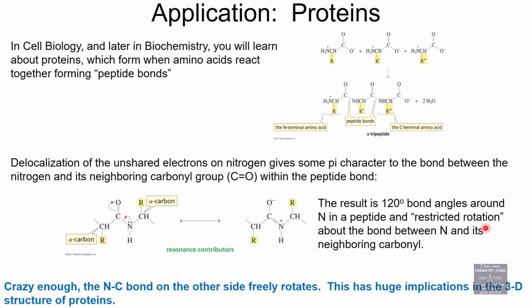So if our peptides could rotate, our proteins and DNA itself would have a different shape. But because there's pi character in all of our peptide bonds, proteins fold the way that they do, and they're able to behave physiologically the way that they do.